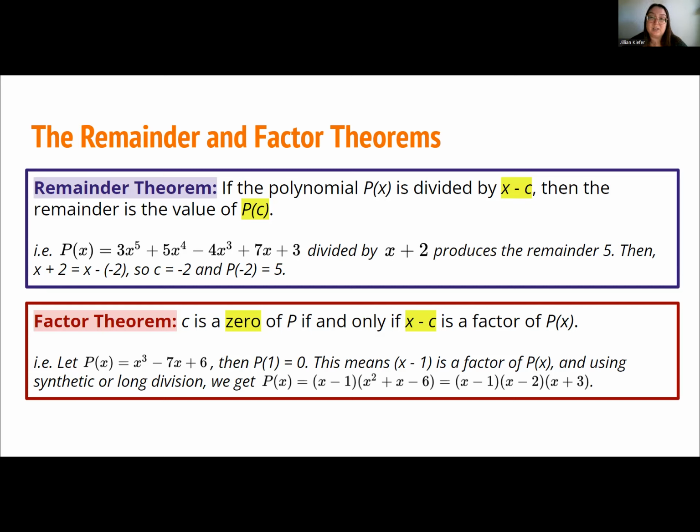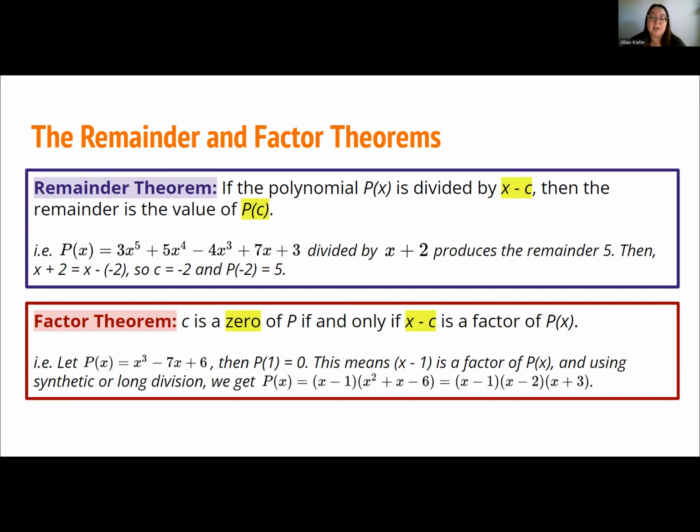Then, once we know this statement, we can find all of the other factors of p of x using synthetic or long division. If you did that, you would get that p of x was really equal to x minus 1 times x squared plus x minus 6, which you could factor using any factoring method that you know of. Backwards foiling, square method, triangle method, all that kind of stuff.